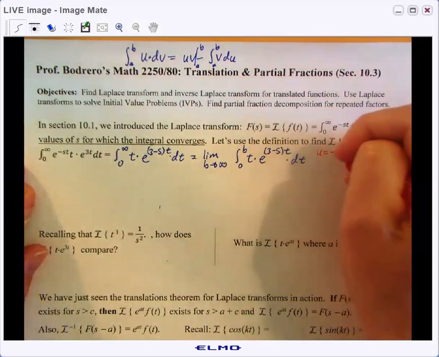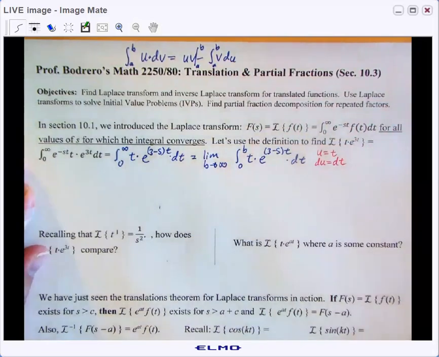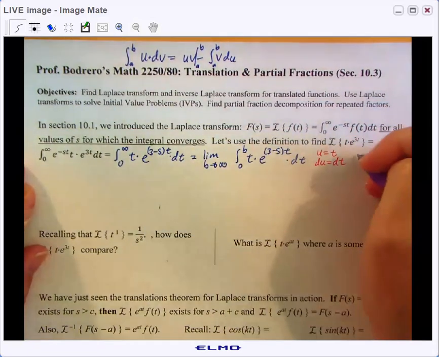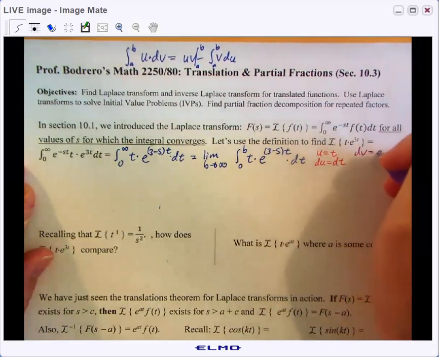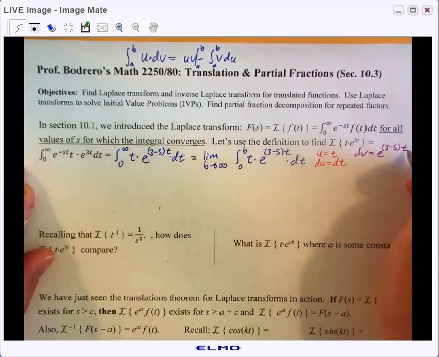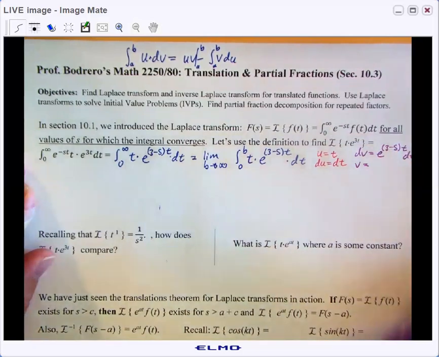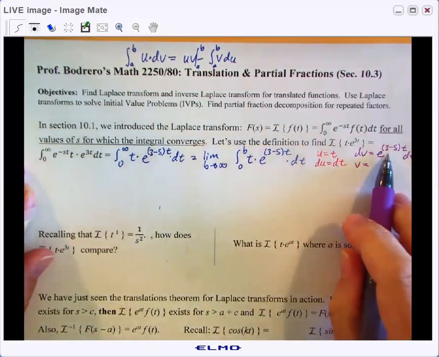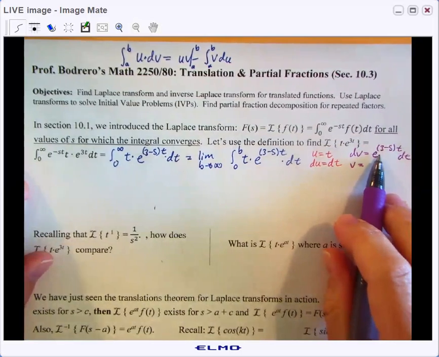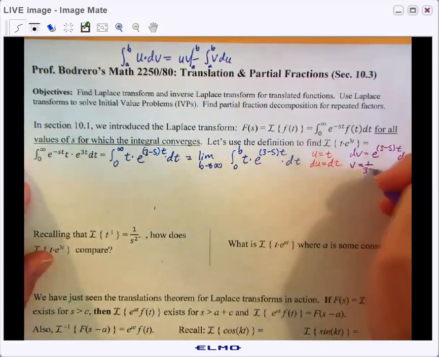Let's let u be t, and therefore du would be dt, and then that means dv equals e to the (3 minus s)t dt, and its antiderivative, realizing that 3 minus s is simply a constant, is just going to be 1 over (3 minus s) times e to the (3 minus s)t.